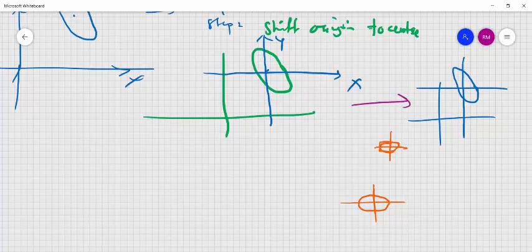Now if you rotate this by some angle, say theta, we get a new x-axis and new y-axis, rotated by theta angle. So the diagram will look like this.